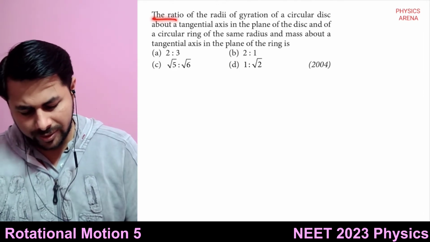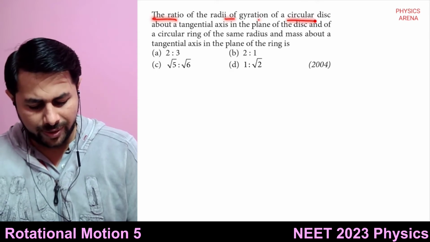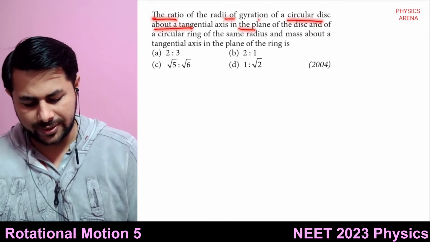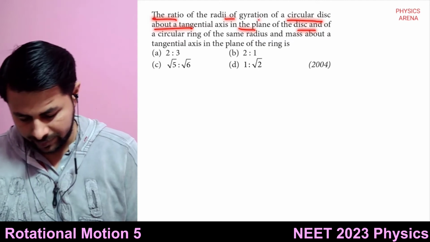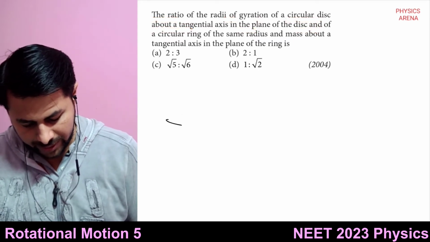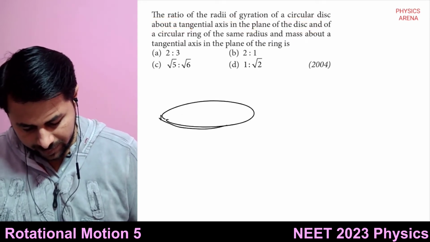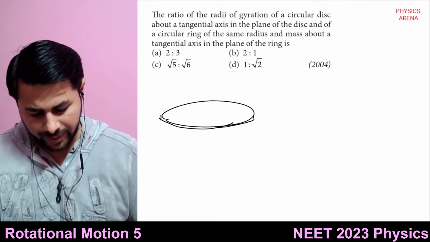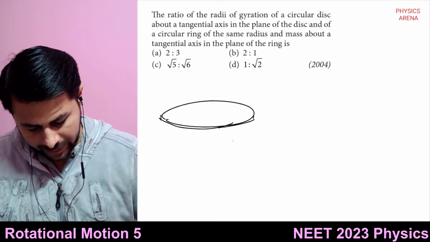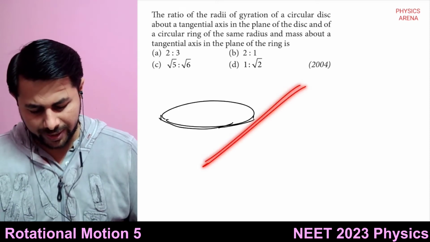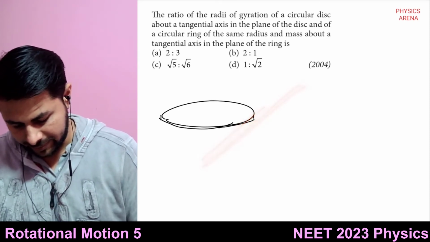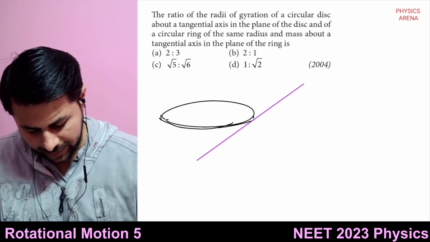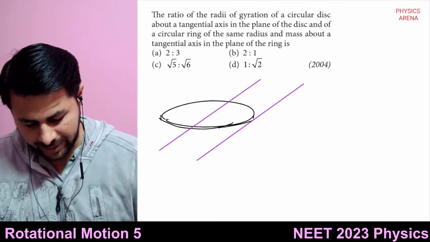The ratio of radii of gyration of a circular disk about tangential axis in plane of the disk. Okay, so this is a disk, right? And you want its radius of gyration about tangential axis. So this is a tangential axis. This is diametric axis.